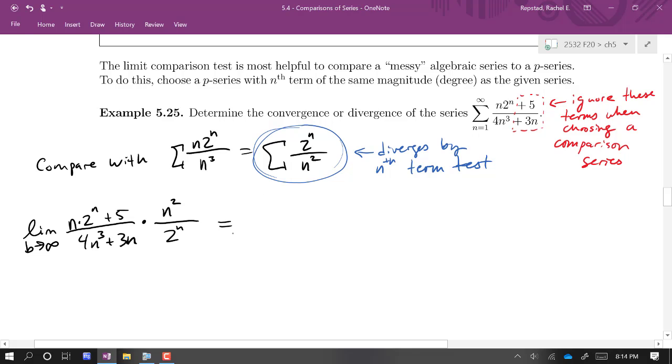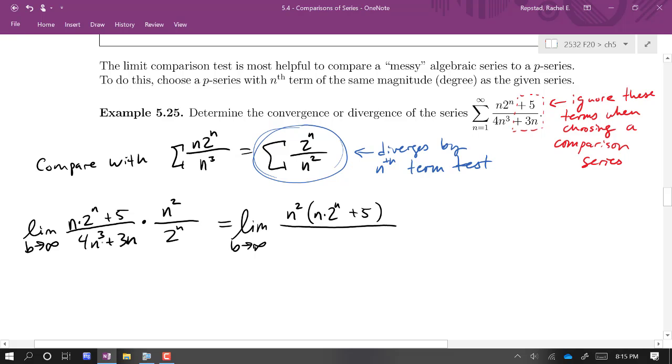All right, we're going to do some algebra. So I'm going to just look at this as a single fraction. Up top I have n squared times (n·2^n plus 5).